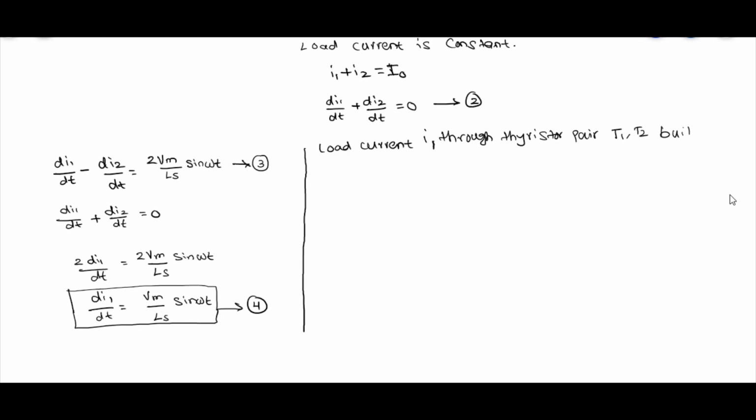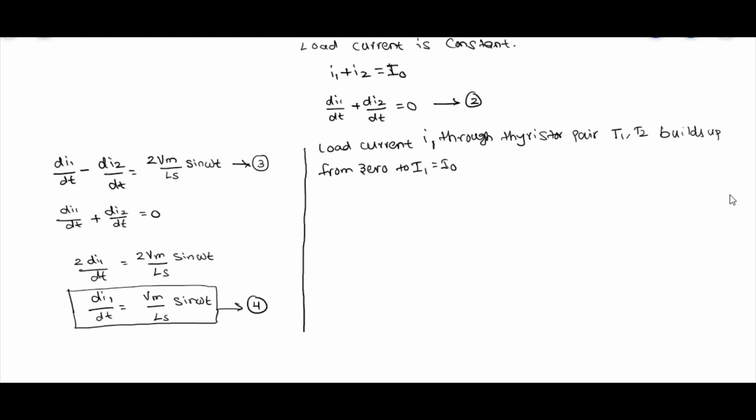As I told when discussing the concept, the incoming thyristors' current starts increasing from 0, so I1 through T1 and T2 builds up from 0 to I0.